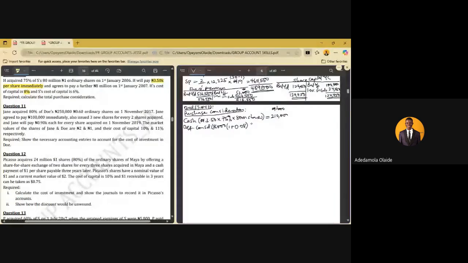And that will be raised to the power of minus what? How long will it take? They are acquiring the shares on 1st January 2006 and they want to pay on 1st January 2007. That is 1 year, so that will be minus 1. What do we have?